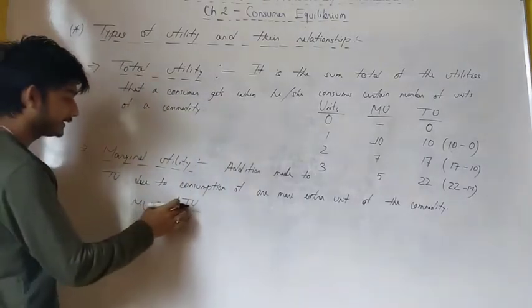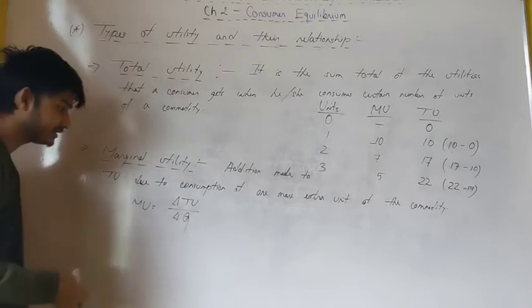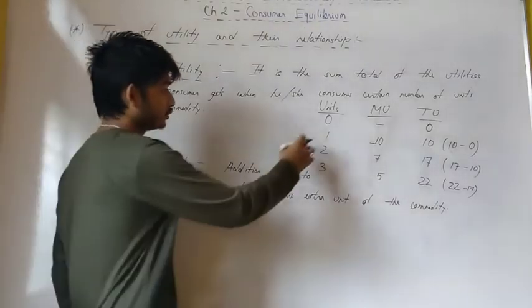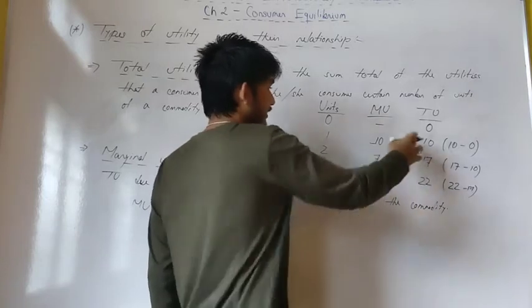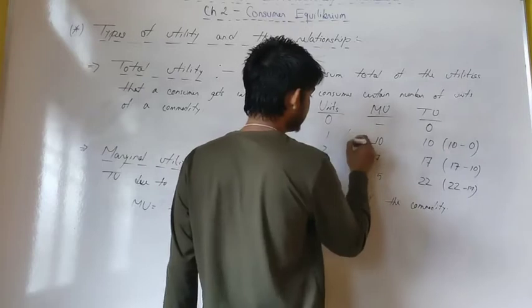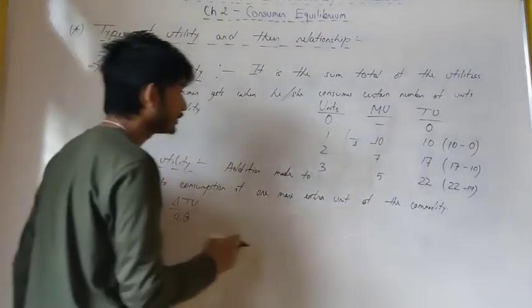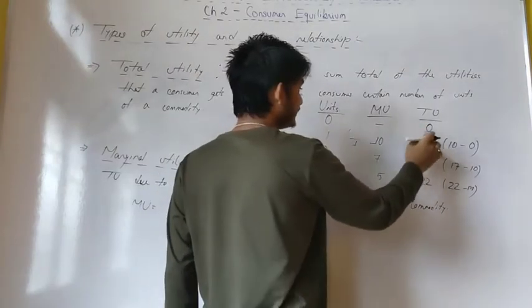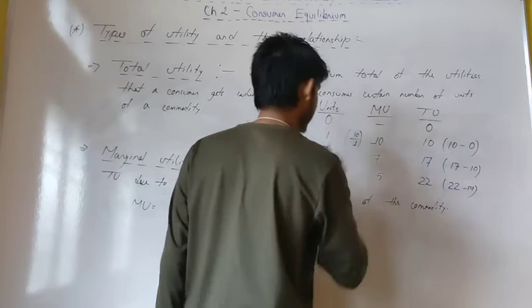Here delta TU means change in total utility and delta Q means change in quantity. So change in quantity will be 1, and change in total utility is 10 minus 0, which is 10.